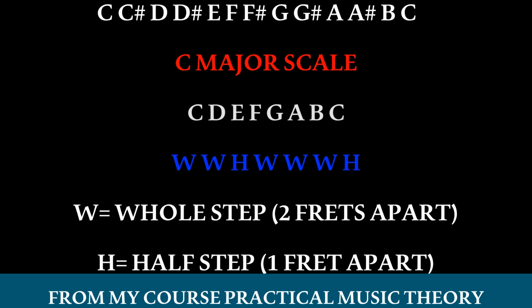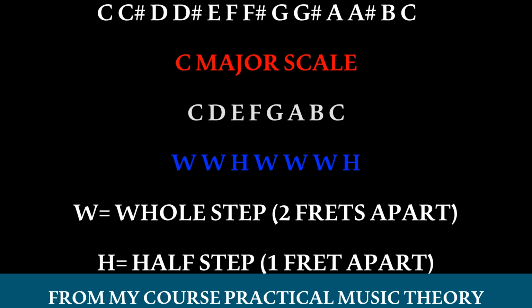So we have a whole step and another whole step. Then we have E and F, which are consecutive notes as there is no sharp or flat between them. So this is an interval of a half step. Then we have between F and G, G and A, and A and B, between all of these notes we have sharps. So these are all whole steps. So we have 3 whole steps.